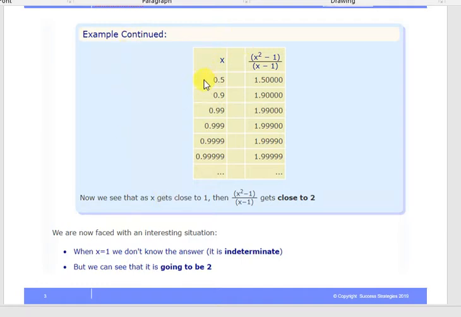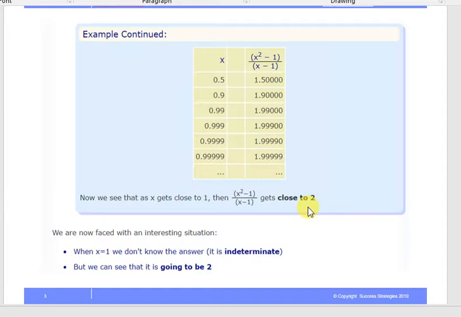Here we have continued with the example. We have taken many values, 0.5, 0.9. As you can see, we are approaching closer to 1, and as we approach 1, the value of the function is getting closer to 2. That creates a confusion. When x is equal to 1, we know that it is indeterminate, which means the value should be undetermined, because that is what the name says.